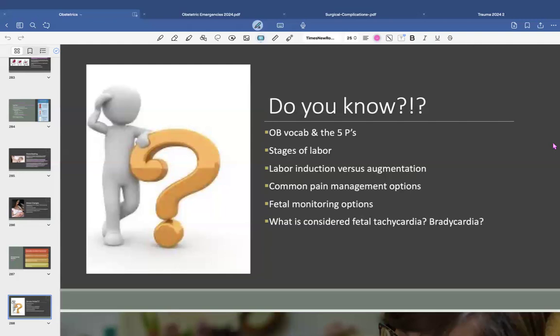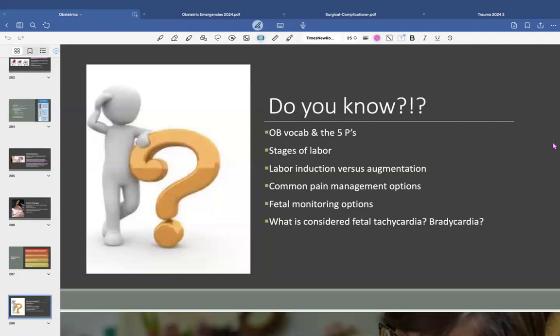Position. Passageway, passenger, position, power, psychology.